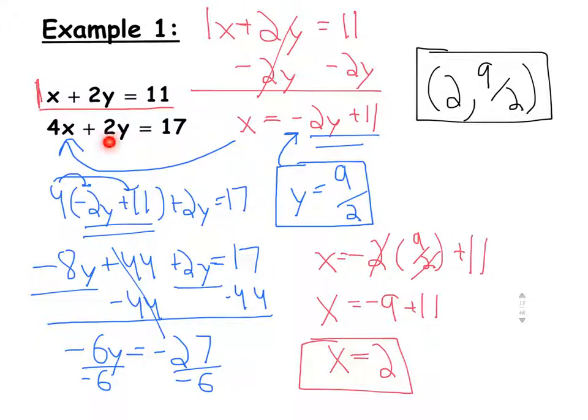I could have solved for the 2y in the second equation and I still would have gotten the same answer. However, it's easier on you if you don't have to do any dividing. All I did was move the 2y over to the other side, didn't have to divide anything, so that's a little bit simpler.